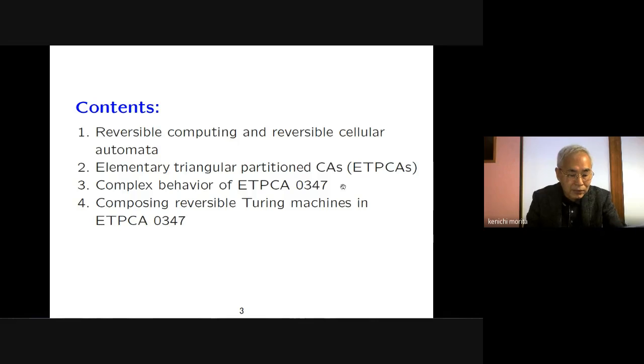Third, I focus on the specific ETPCA number 0347 and investigate its interesting properties. Finally, reversible Turing machines are composed in the cellular space of ETPCA 0347.